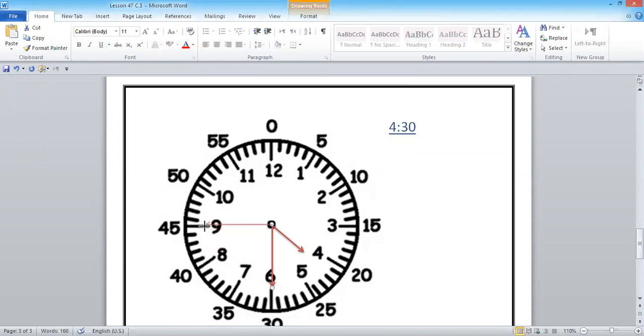Let's take this long hand to the 9. This is at 9 now. Now you have to tell me the time, guys. Tell me the time in the chat box first. Muhammad Al Harbi, very good. Sharif, very good. Other students, please participate.